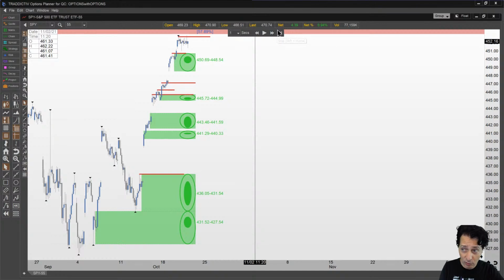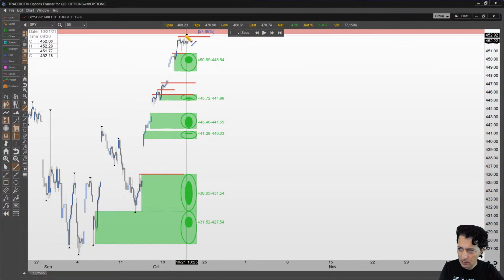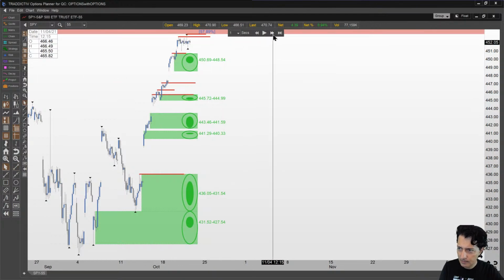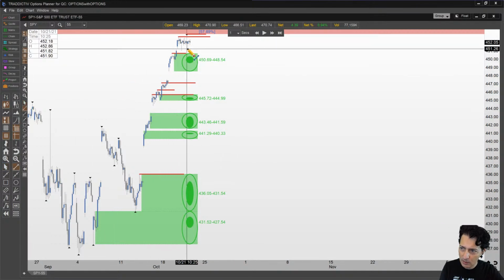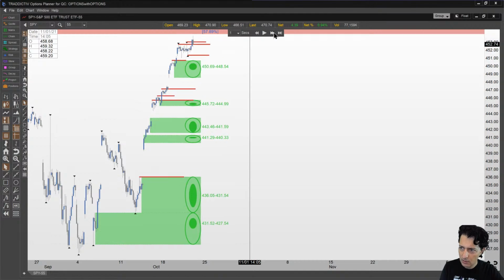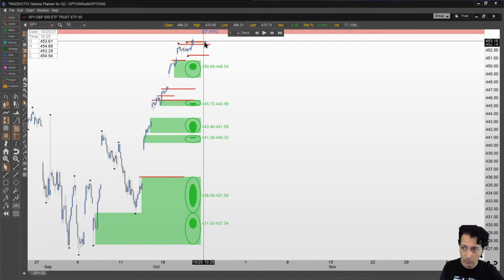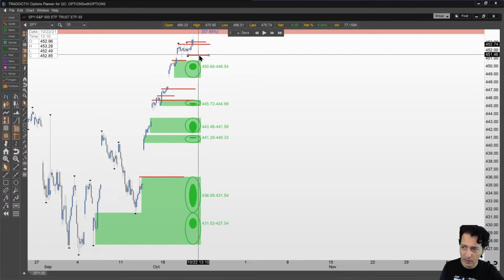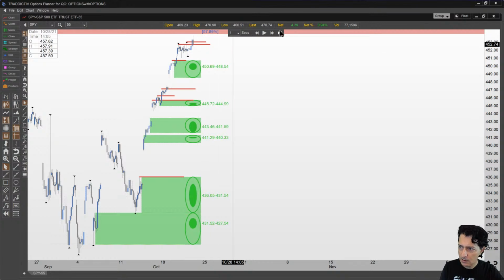It was traded through. Another pivot shows up, another pivot shows up on the bottom part. It was traded through. Because it was traded through, ignore that one.